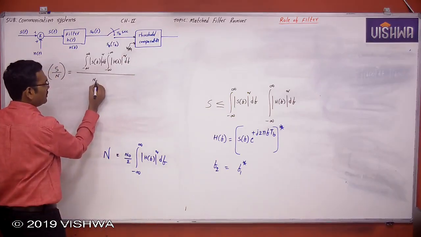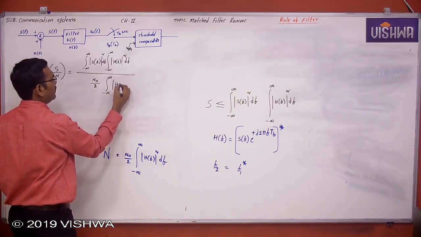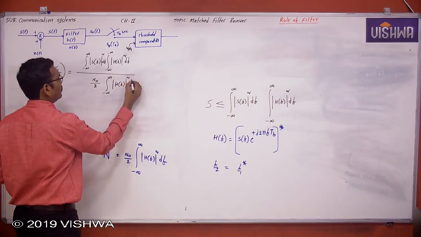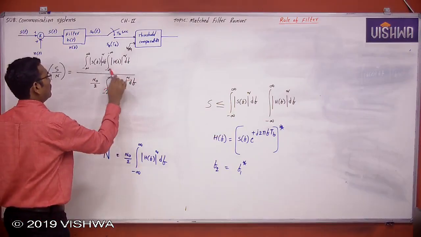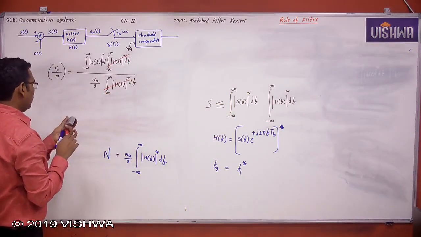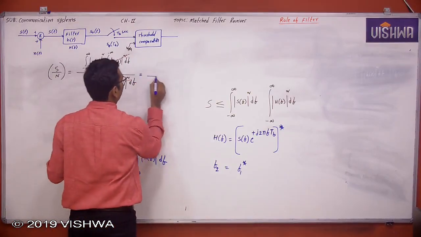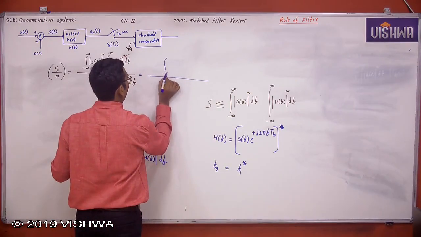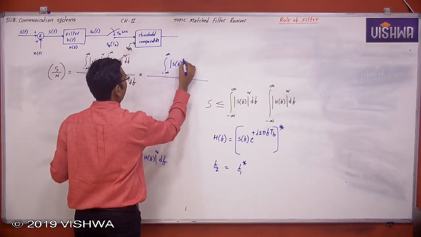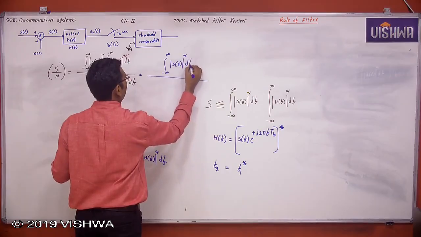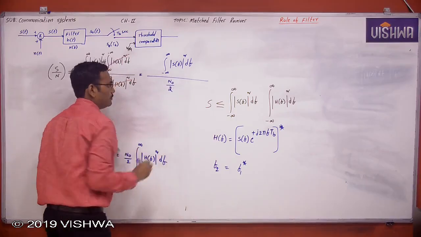Now the noise power is N0/2 times the integral from minus infinity to infinity of |H(f)|² df. This is cancelled. Therefore, the signal to noise ratio is equal to the integral from minus infinity to infinity of |S(f)|² df divided by N0/2.